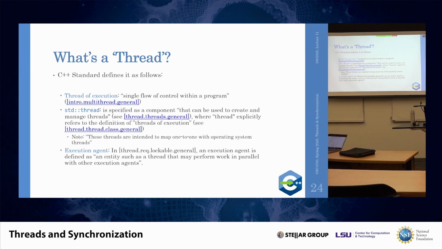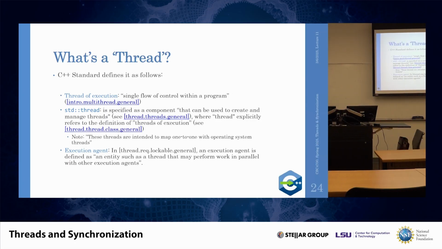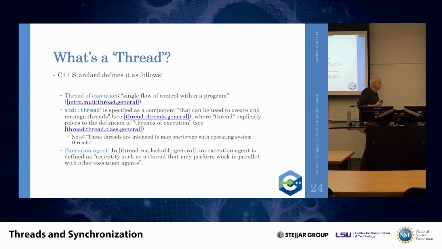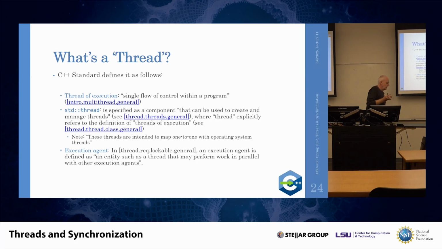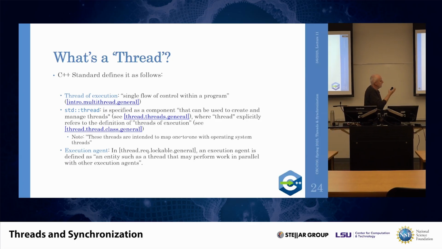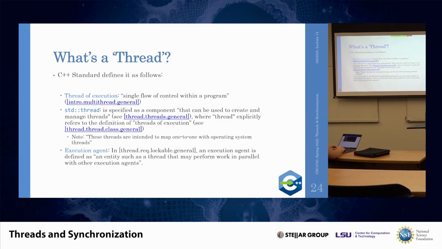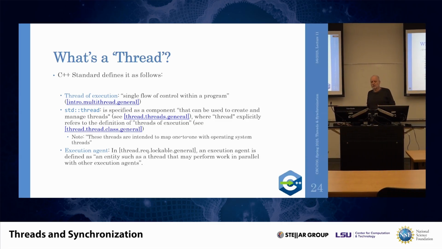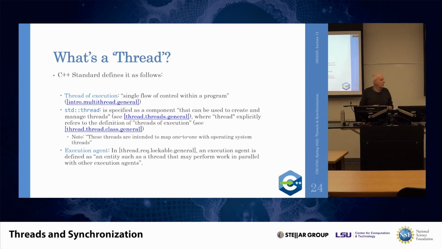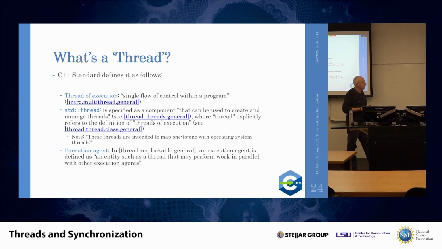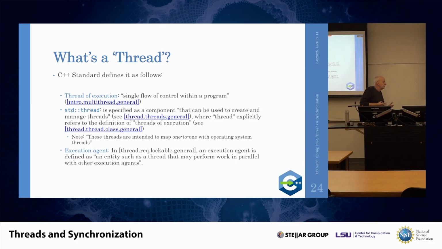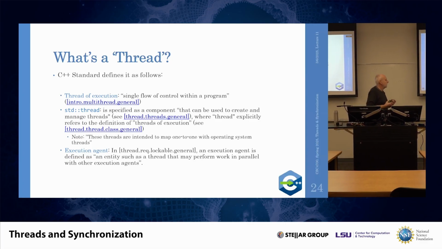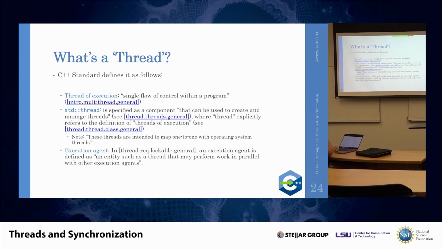Just for the sake of it, the standard introduces another term which is somehow related, which is execution agent. An execution agent is a bit more general than a thread, because a std::thread is explicitly defined as something representing an operating system thread, something that the operating system manages, a pthread. Whereas an execution agent is an entity such as a thread that may perform work in parallel with other execution agents.